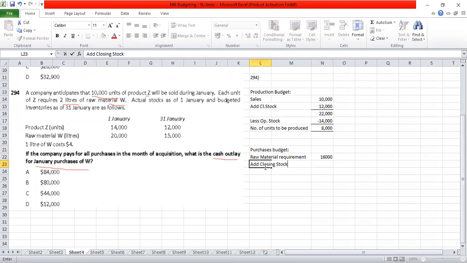Closing stock is 15,000. Then less opening stock.